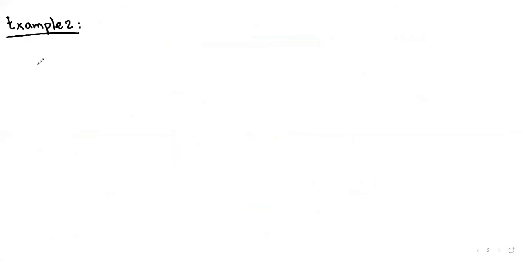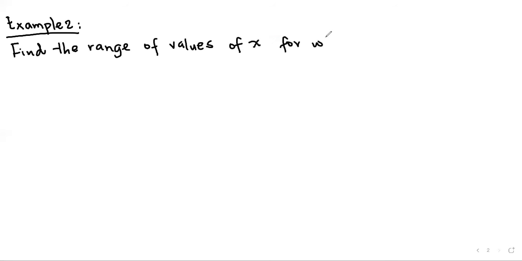Okay. Now, for this example, let's find the range of values of x for which 2x minus 3 is less than or equal to 7 and 2x plus 1 is more than negative 3x minus 4.